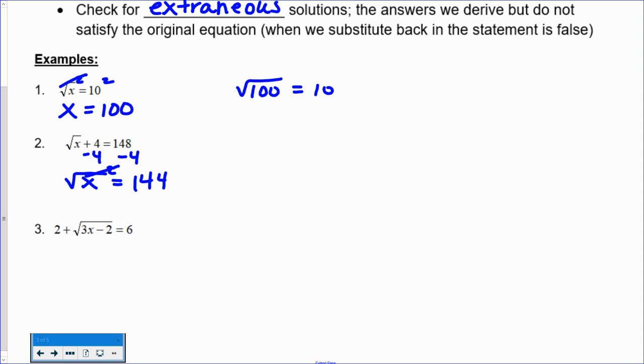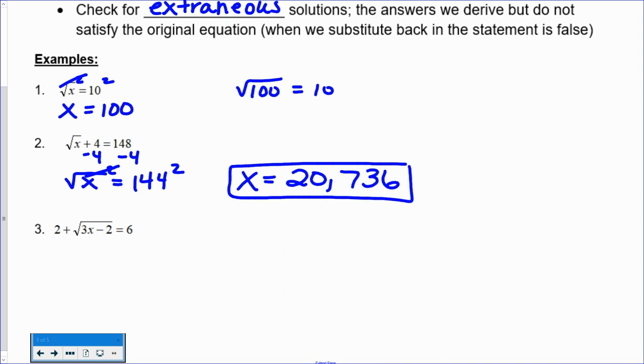When I square this, that will undo my radical, and then I'm going to square 144. So x is going to equal 20,736. You can go back and plug that in, take the square root of 20,736. It'll tell you it's 144. You'll add 4 and you get 148.